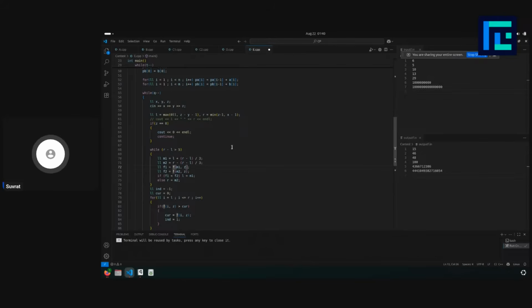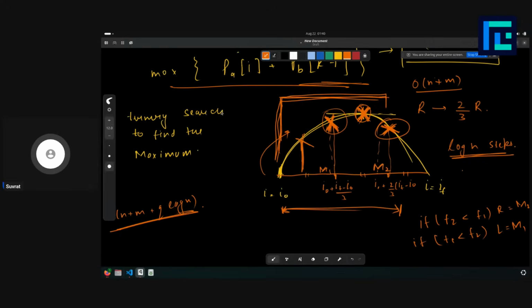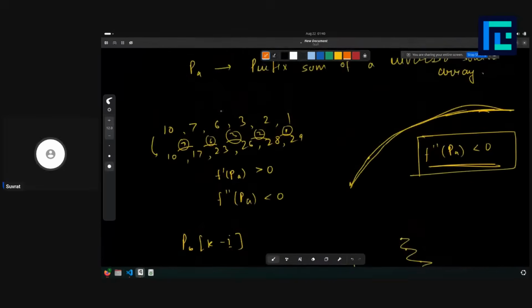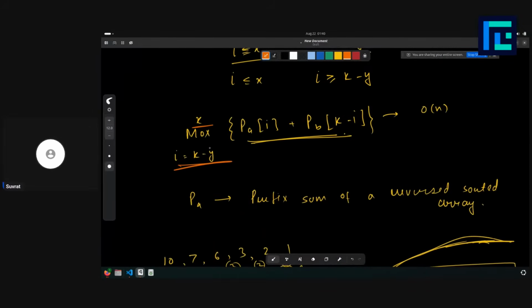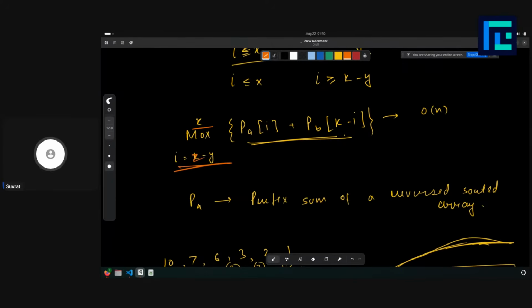Let me show you guys the function as well. Also, the search space would be from x minus 1 till z minus y minus 1. We have seen this. Basically, this k is z, so z minus y minus 1 till x. This was one base.